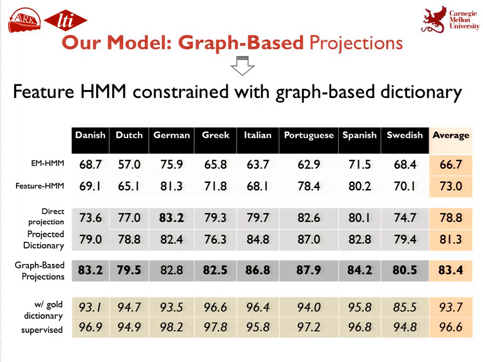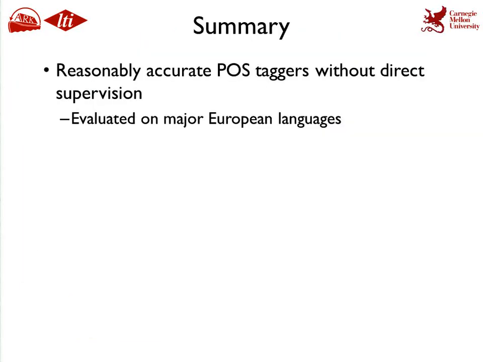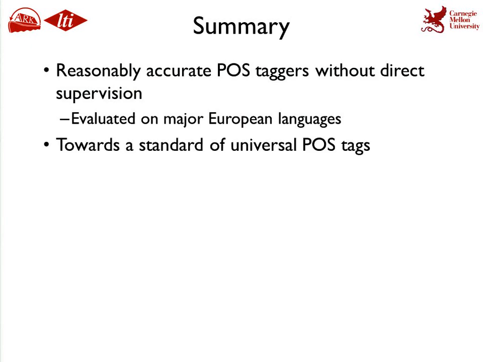Okay. So in summary, reasonably good POS taggers without direct supervision, and we have evaluated on 8 major European languages that have annotated data, and we are going towards the standard of universal POS tags, and these part-of-speech tag sets have been used in many more research projects recently.